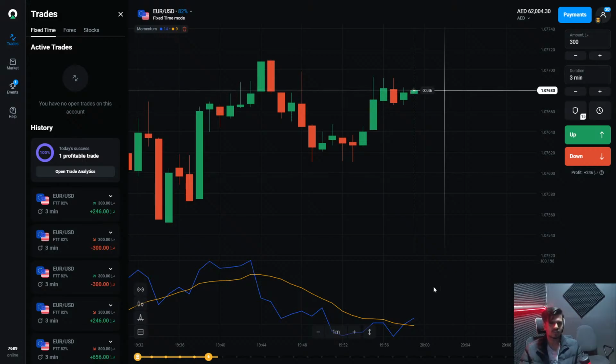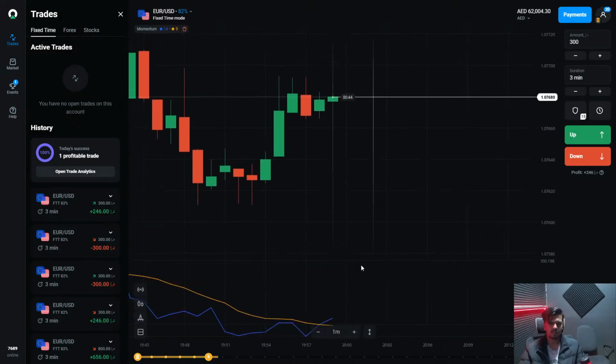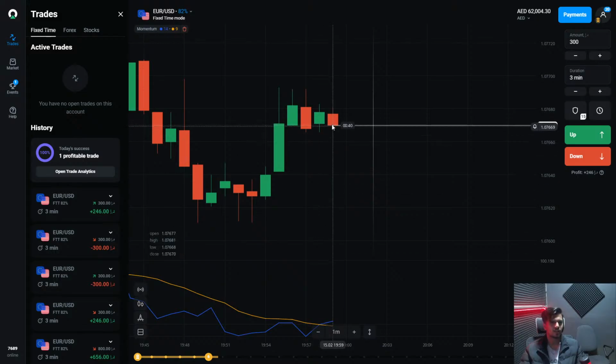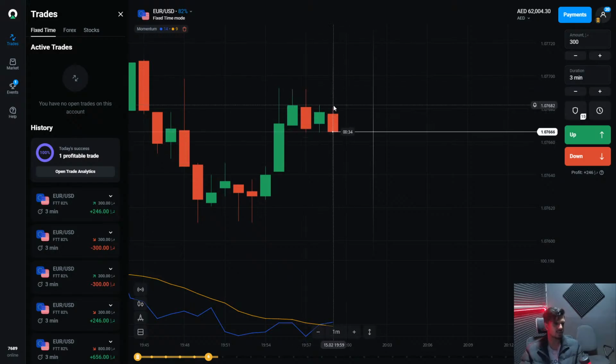So guys, what do you understand according to this? Tell me where this trade will reach, upward or downward? It is trying to move downward because both the lines are in the downward direction, but it can go back in the upward direction. So we can stay here for a little bit.